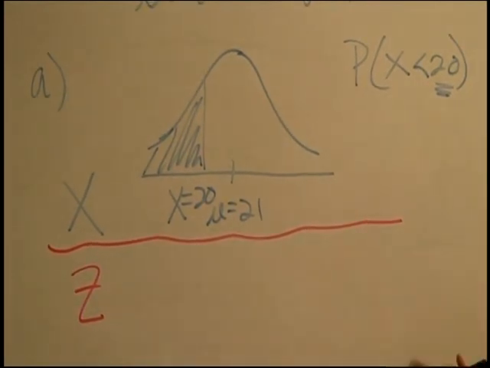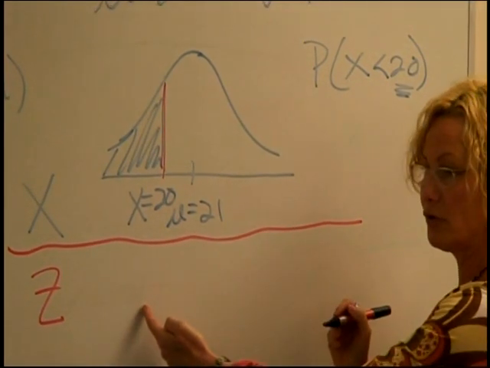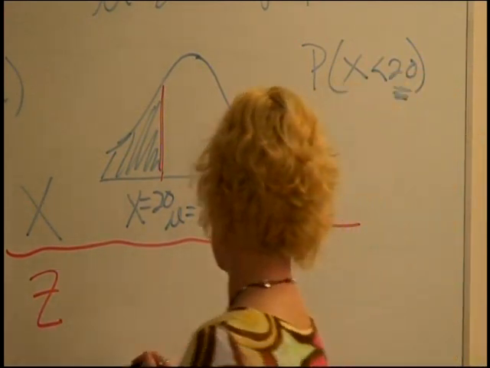We take this cutoff value that is now an X, and convert it over to a Z using the Z-score formula.